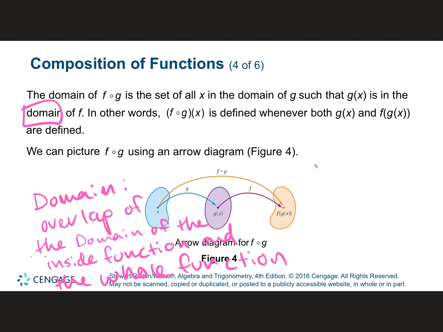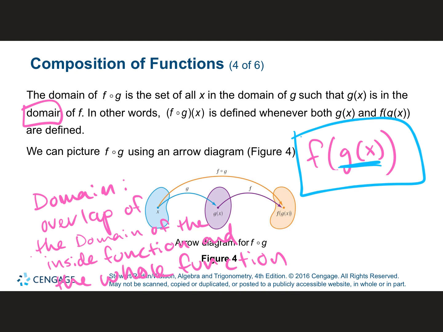So if we were asked to find the domain of f of g of x, we would have to check the domain for g of x, find what that is, and for the whole function f of g of x. And whatever overlaps between those are the domain of our function. So you always just have to check the domain of the inside function too.